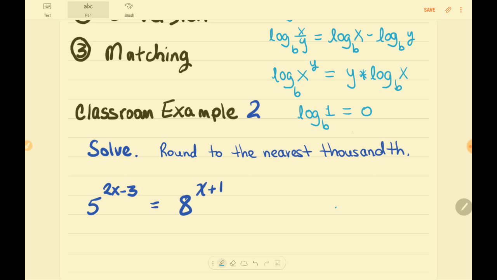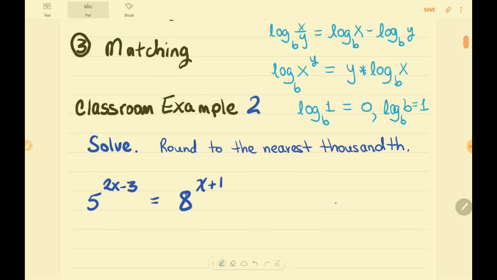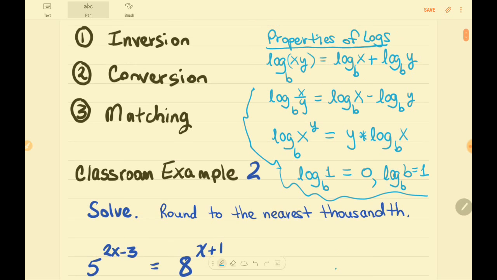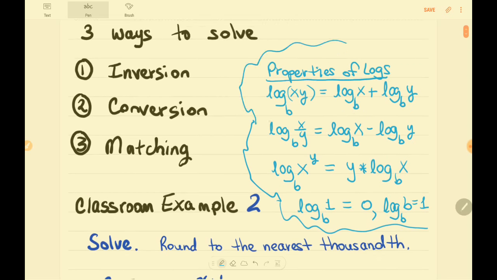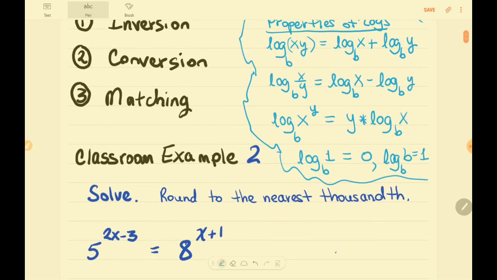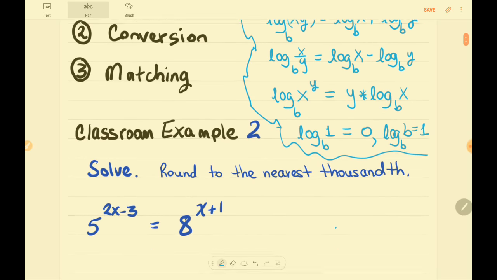And also the natural log, or a log of any base of that same base itself, will equal 1, because if you take any base and raise it to the power of 1, you will get back that same value. So those are the properties that I went over examples for in depth in a previous video. So we'll be referring to those. We'll have to employ those as we're going through solutions here.